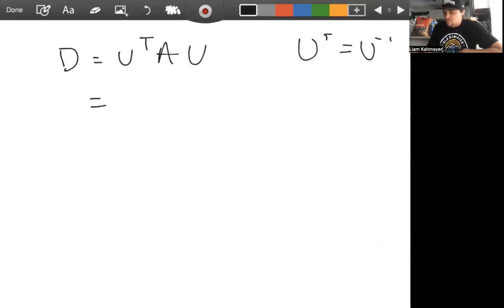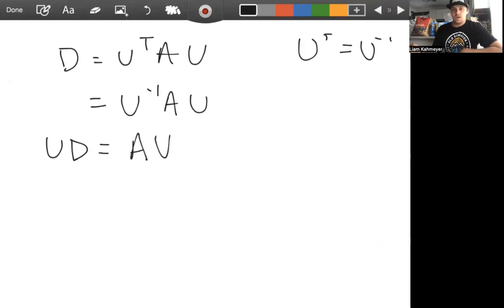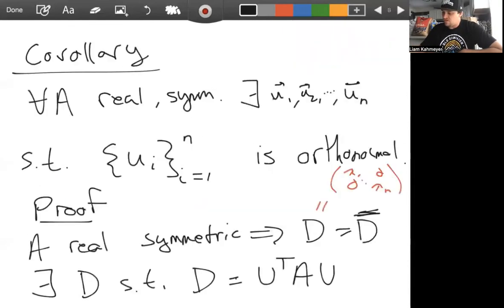And so this is equal to U inverse A U. We can multiply on the left by the orthogonal matrix U to both sides. And what we would get is UD equals AU, right? And so let's unpack this equality and see what we can learn here, because what are we trying to do? We're trying to find a collection of vectors that is orthonormal.